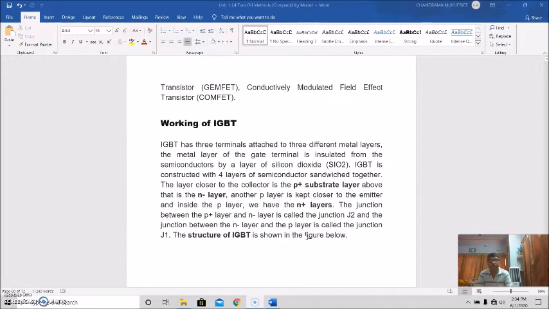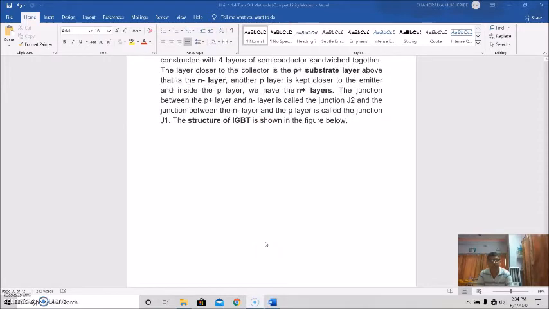So how does it work? The working of IGBT is shown here. IGBT has three terminals attached to three different metal layers.